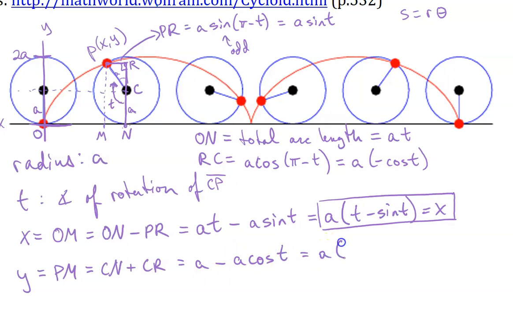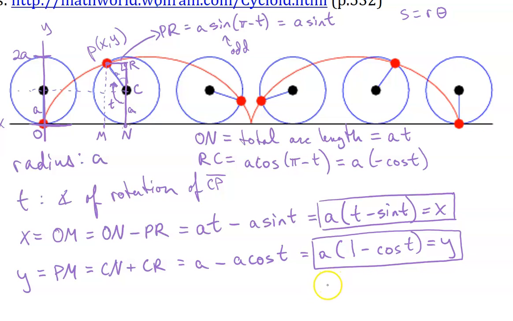I'm going to factor an A out of that, and so we get A times 1 minus cosine t. This is the part of the parametric function for y. So these two equations represent the path traveled by a cycloid, where A is the radius. You do not have to have these memorized, but when they come up, you do need to be able to go back and look at those equations.